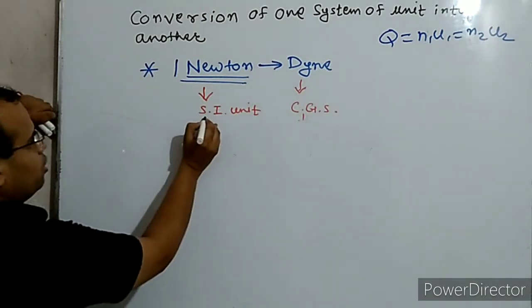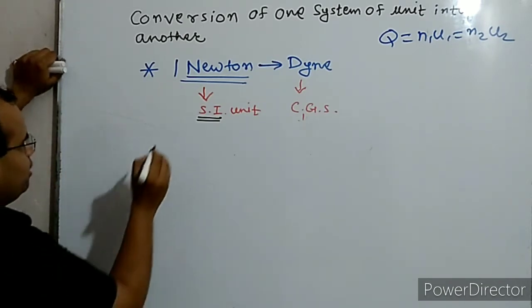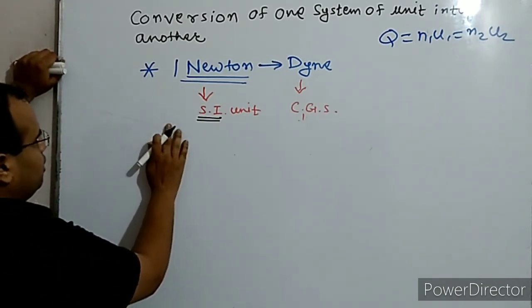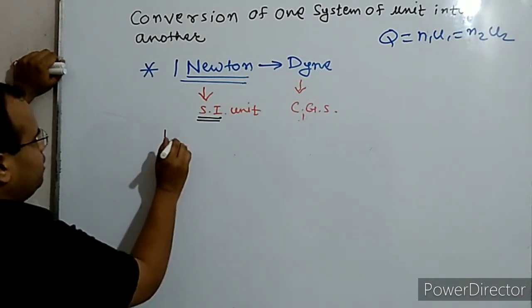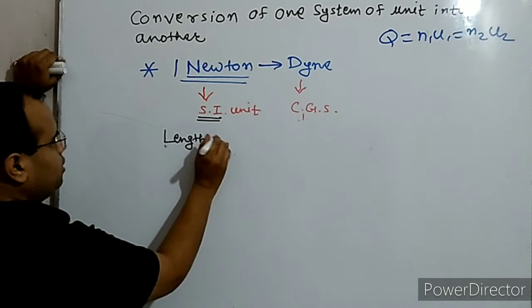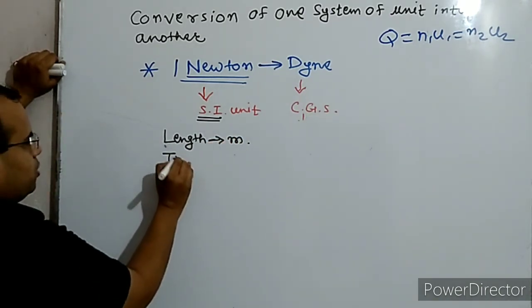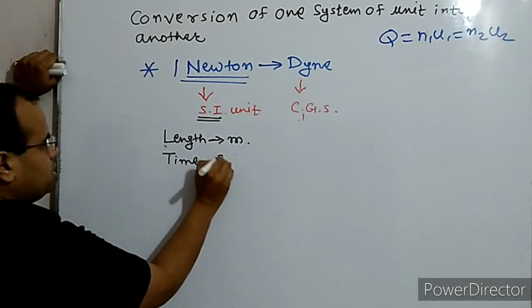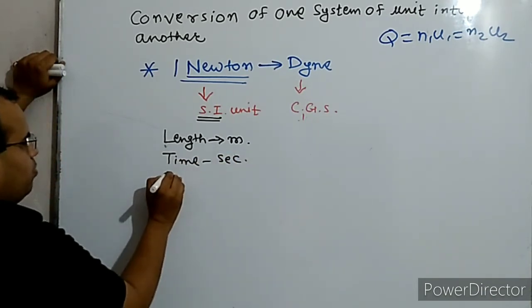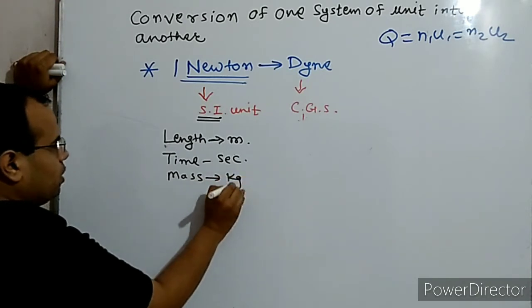Newton, SI unit. Do remember that SI unit means International System of Units, and in International System of Units, length is measured in meter, time is measured in second, and mass is measured in kilogram.